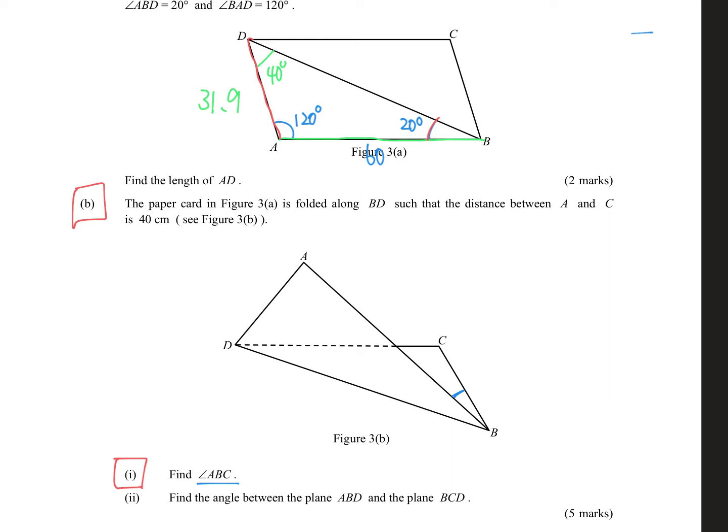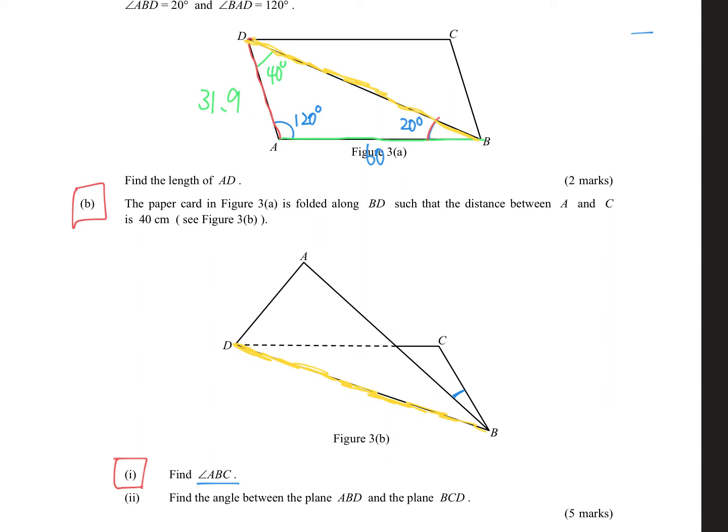So BD is the folding line. Basically, we try to fold the triangular face ABD upward with BCD being stationary, placed on the horizontal ground.